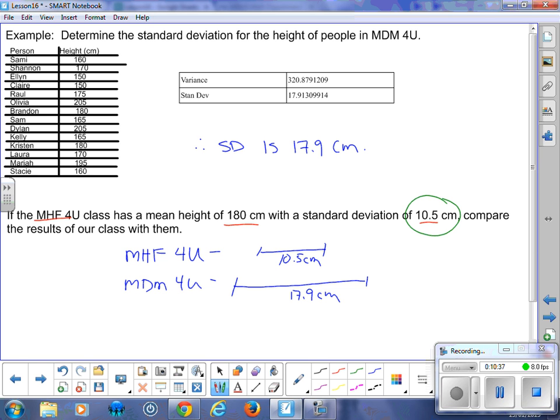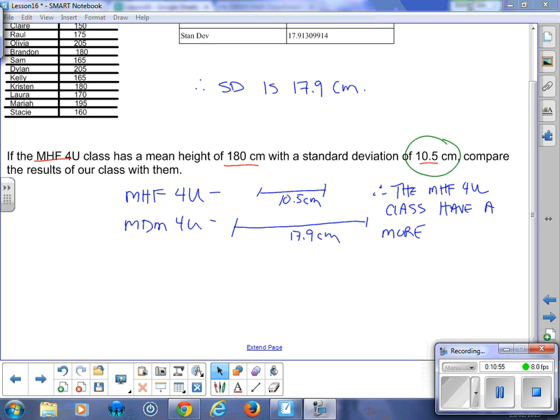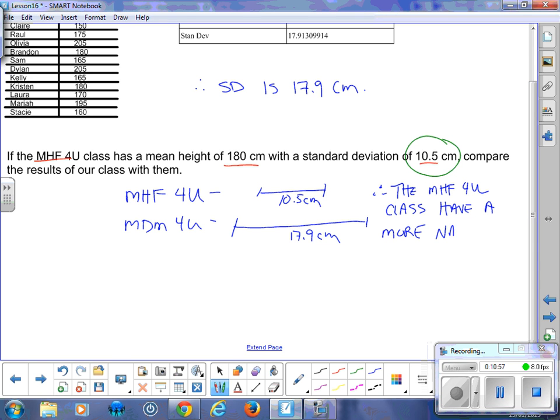So we can conclude that, therefore, the MHF4U class have a more narrow range of heights.